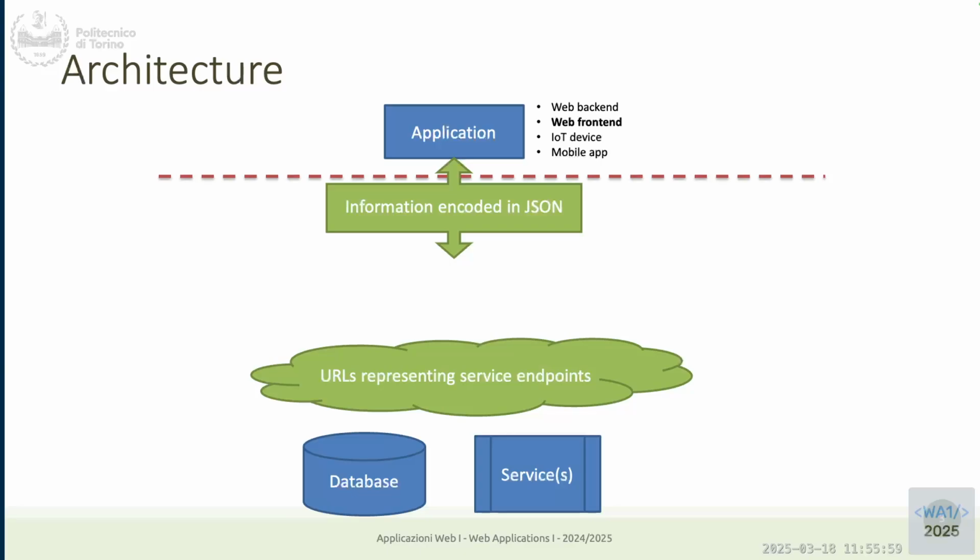And all the operations and the endpoints that we need to call are mapped to different URLs. A URL represents an operation, a read operation, a write operation, or whatever, that the server provides. And the parameters in input and output from this service are encoded in JSON.